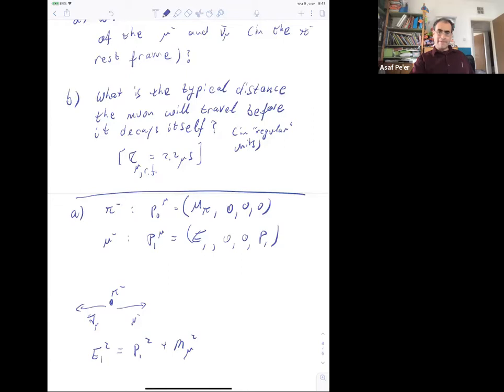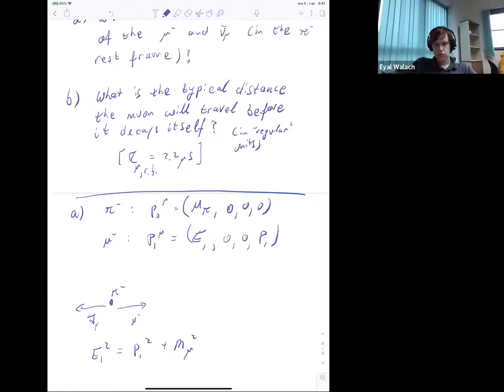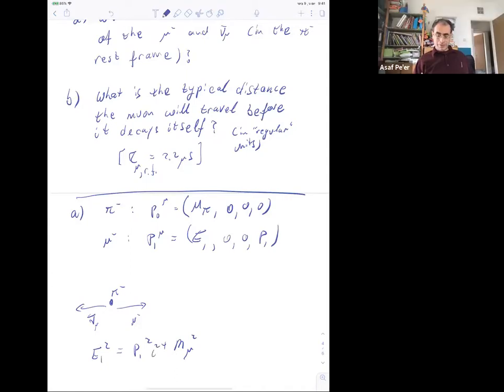It really should be c squared here. I mean, there are a lot of factors of c that are gone, c squared and c to the 4. But since we work in natural units and c is equal to 1, I don't care about the c's.